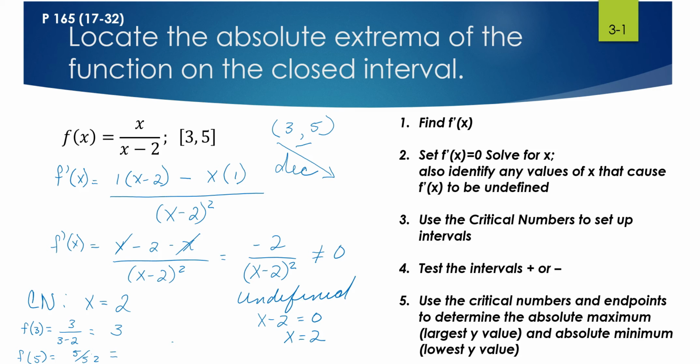And so I get 5/3. And 3 is obviously bigger than 5/3, so my absolute max is at f of 3, and my absolute min is at f of 5.